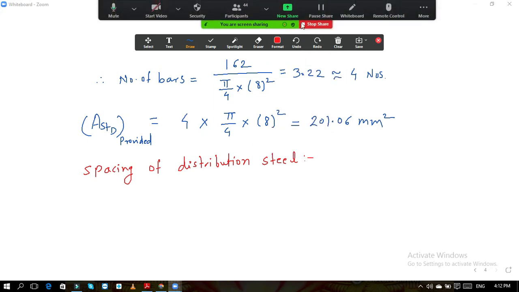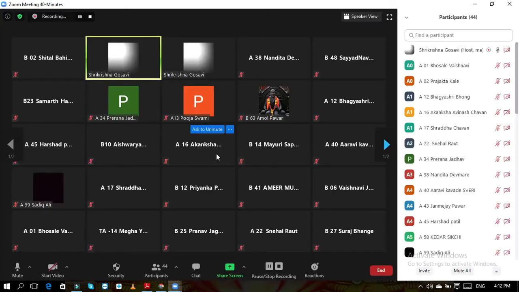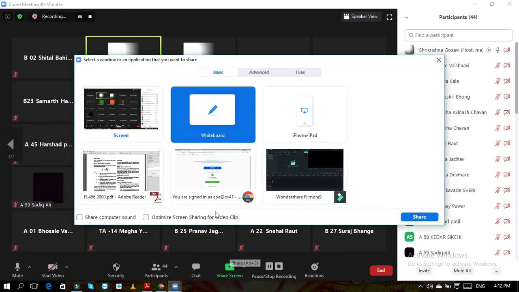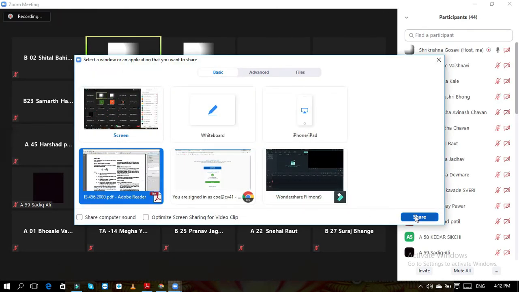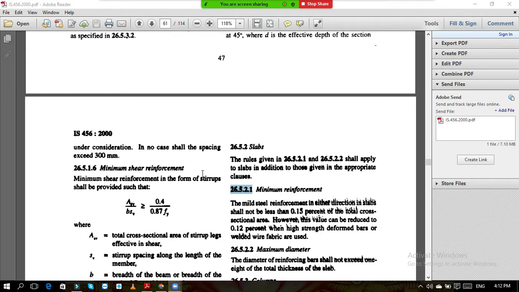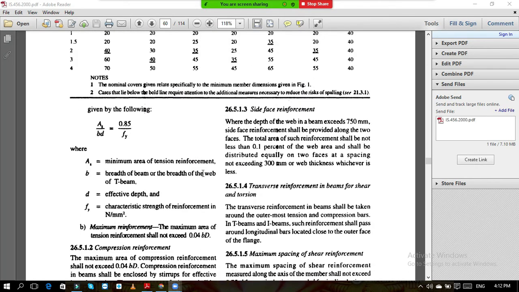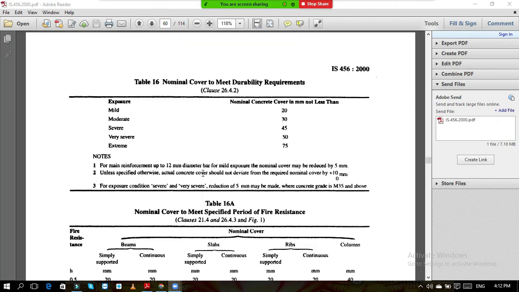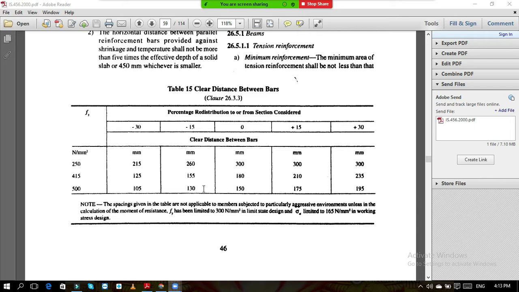What clause is given? So now this is our IS code. Again we will move to page number 46. So this is page number 46.